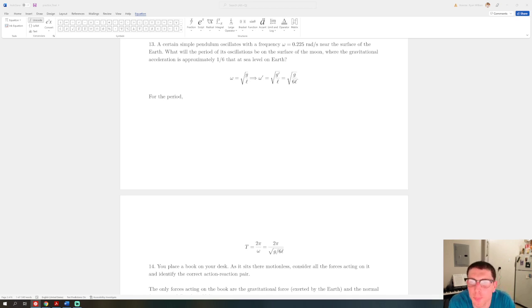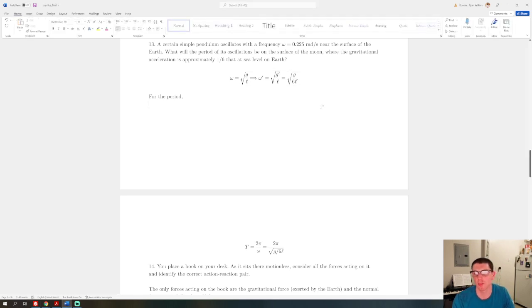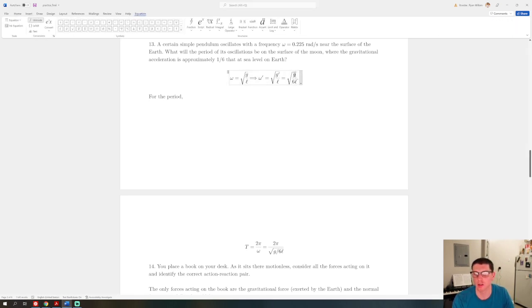Oh, wait a minute. We don't have L though, but that's okay. I'm not being as careful here as I should be. The step that I was missing is we need to pull out this 1 over the square root of 6, right? I was about to get the number and then realized we don't have the length.